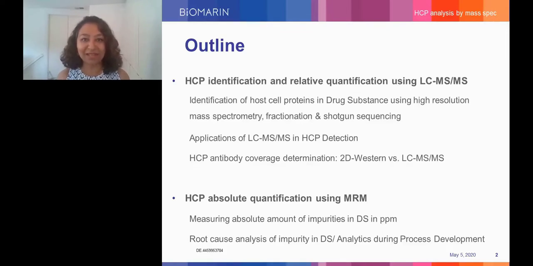And after that, I'll speak a little bit about a very interesting topic in the field, which is determining the antibody coverage of host cell proteins. So assessing the quality of the antibody reagents that are used in commercial release, for example.